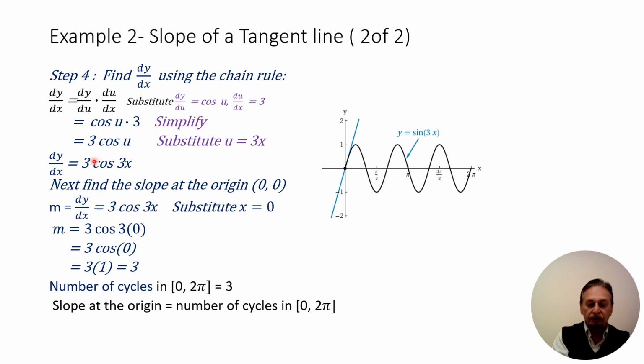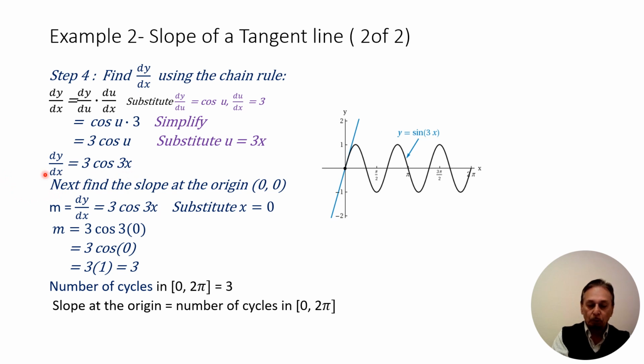We simplify, we get 3 times cosine of u. Now we substitute from step 1 u equals 3x. So dy over dx becomes 3 times cosine of 3x. So that's the first derivative of the sine function.